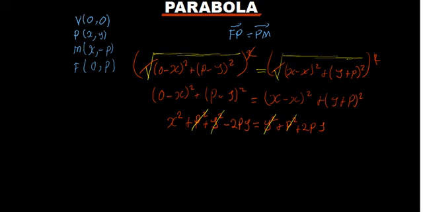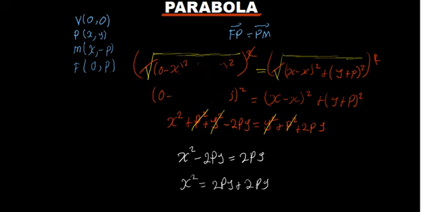All right, so what you're going to remain with is x squared minus 2py is equal to 2py. We collect the like terms. This is going to be x squared is equal to 2py plus 2py.